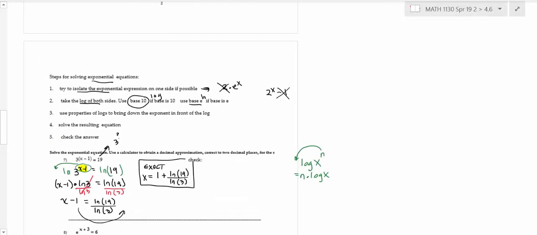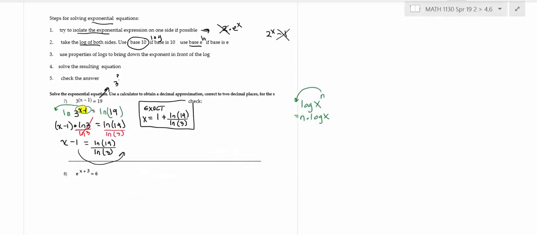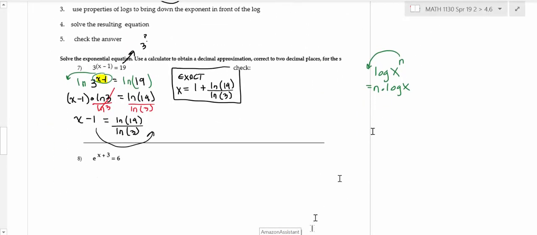What in the world did I just do? When you're working on your homework in a few weeks, I think MyMathLab is going to ask two things. They're going to say, what's the exact answer? Then they're going to ask, what's the approximate answer, by just doing that on your calculator. So I'm going to do this on the calculator.